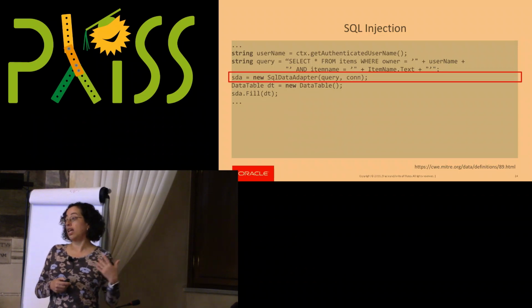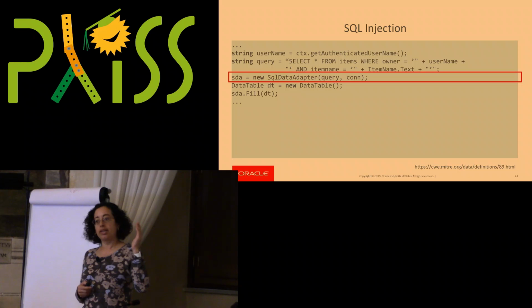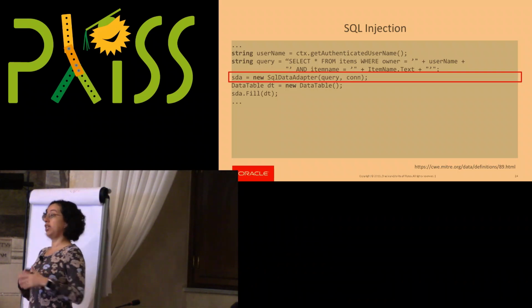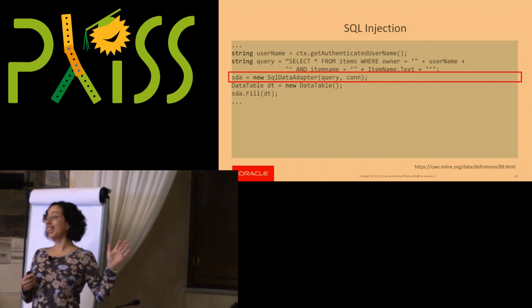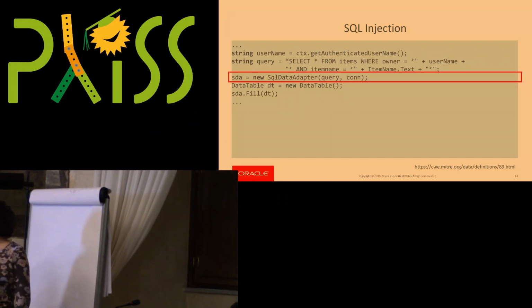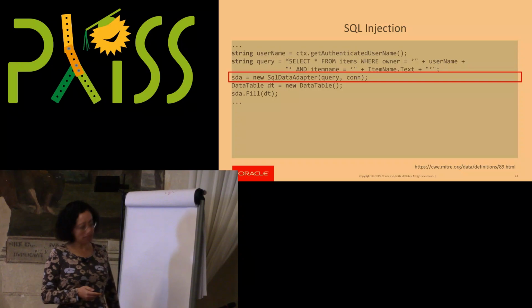If that item name contained data that had back quotes, then we could actually be dropping the whole table, or we could be doing other types of things. Exactly, it's the little Bobby Tables, drop student type of example, right?